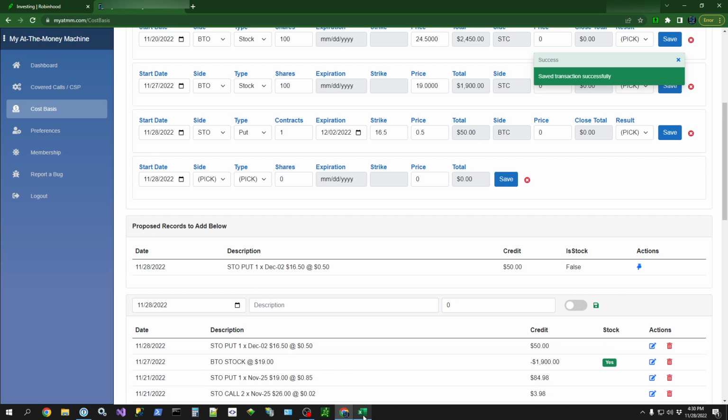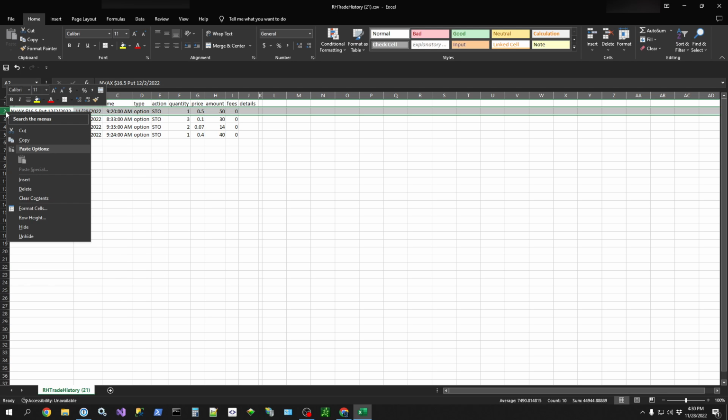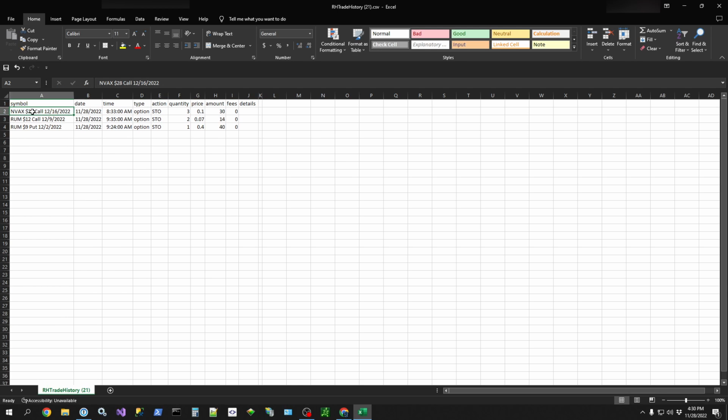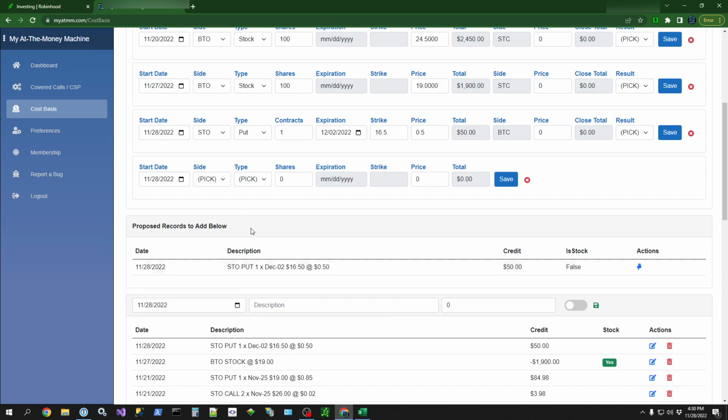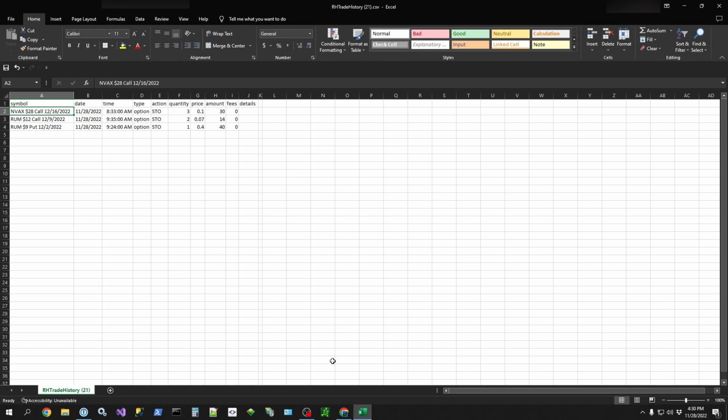And then this other position we got into, let's delete that. A $28 call for December 16th. Let's get 3 weeks out. Did we do 2 or 3 contracts on that? We did 3 contracts.